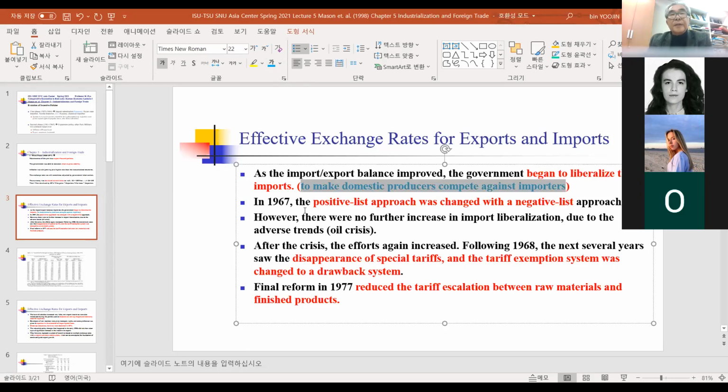In 1967, the positive list approach was changed to a negative list approach. It is a confusing concept, okay?